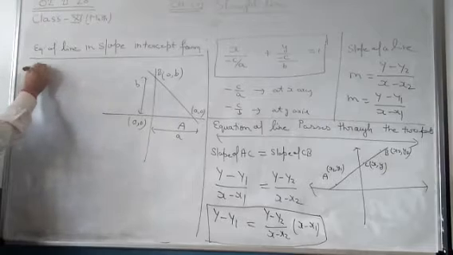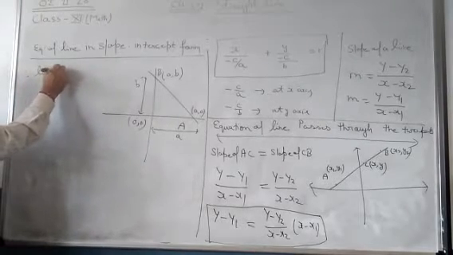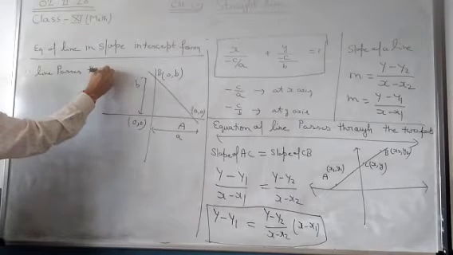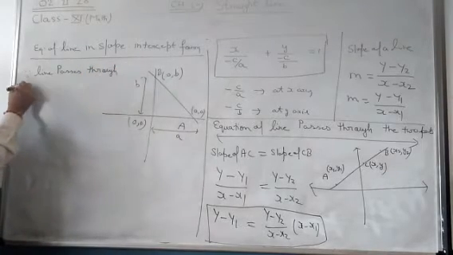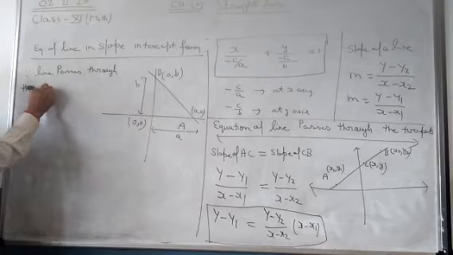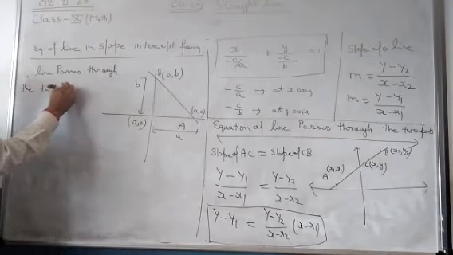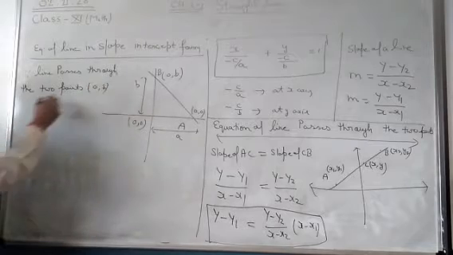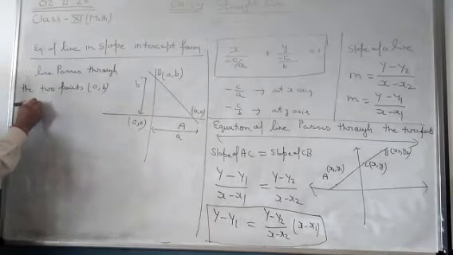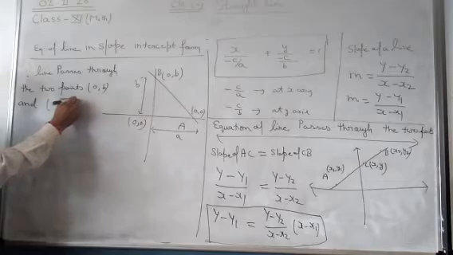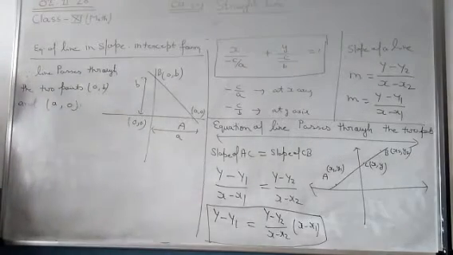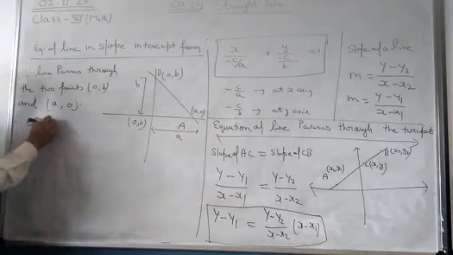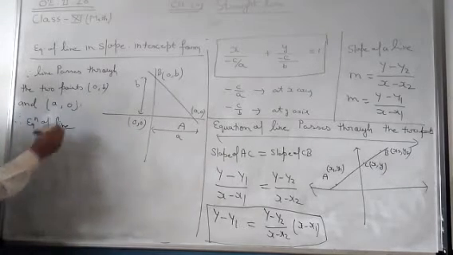Since this straight line passes through the 2 points 0 comma b and a comma 0, therefore the equation of line.